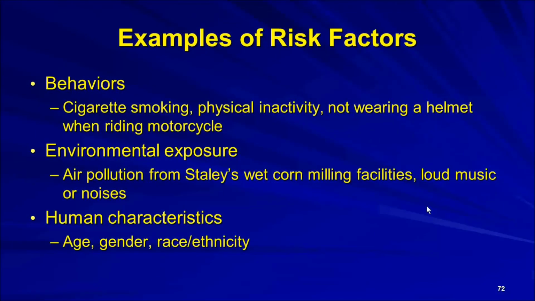Okay. We talked about risk factors and their examples, behaviors. We know about cigarette smoking. We know about physical inactivity. We know about not wearing a helmet when riding a motorcycle or a bicycle. We talked about environmental exposure, air pollution from Staley's wet corn milling facilities, loud music or noises, for example. Human characteristics could have to do with genetics, but also with age and gender, race and ethnicity.